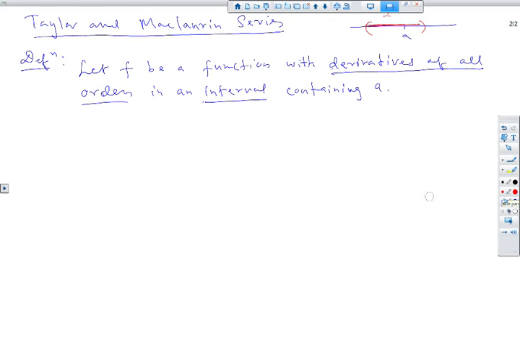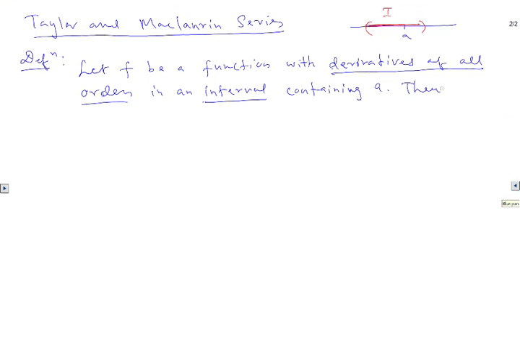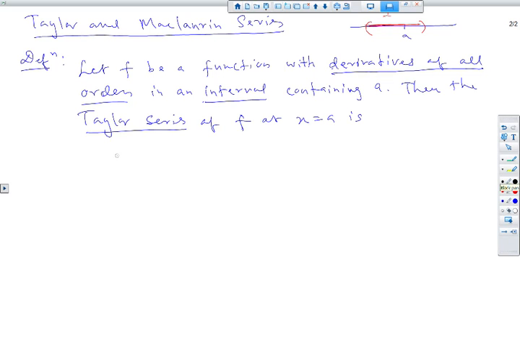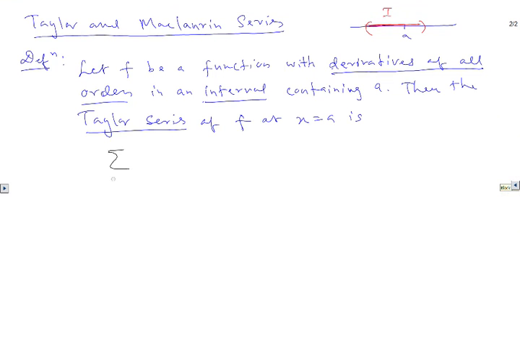Okay. So then the Taylor series of f at x equal a is given by, so we can write this as a sigma notation. Let's use index.